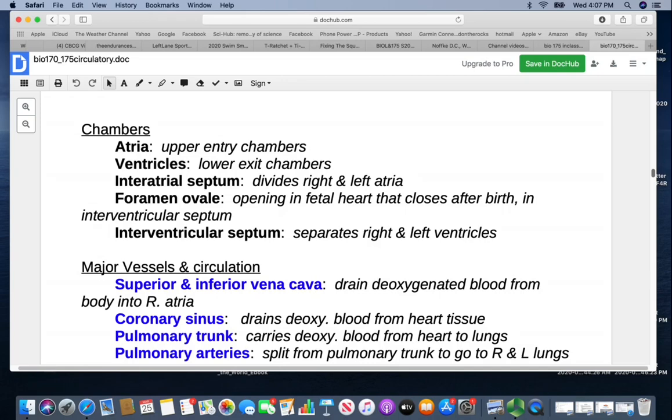The foramen ovale is an opening in the fetal heart that's supposed to be there, and it will close after birth. In a fetal heart, it's not going to be getting oxygen from the lungs. It's going to get oxygen from the umbilical cord. So instead of sending blood to the lungs to be oxygenated, the foramen ovale will allow you to bypass the lungs.